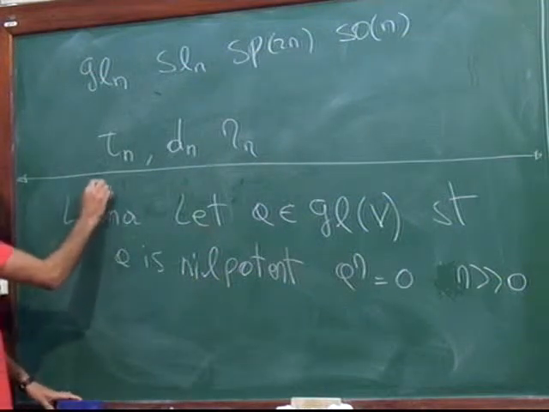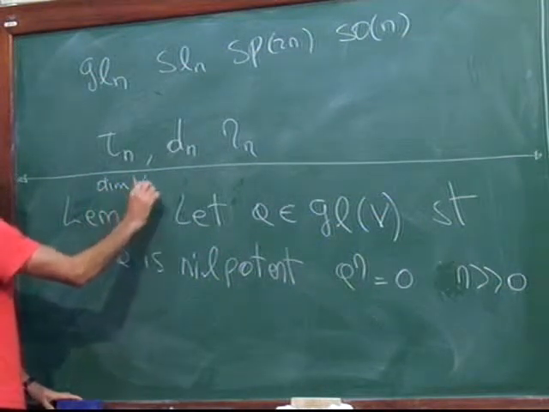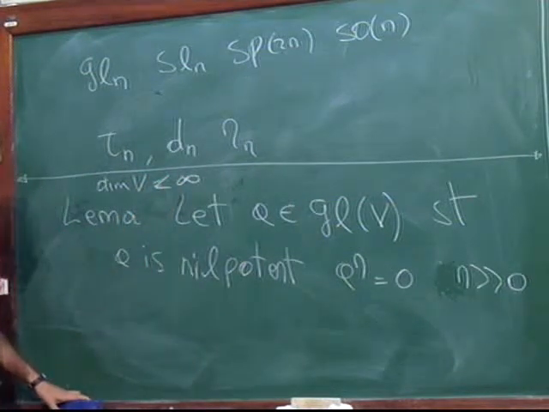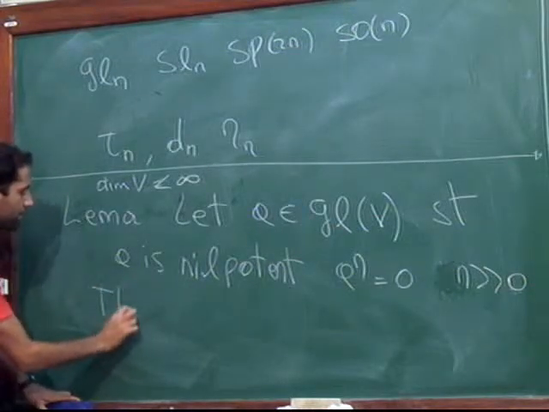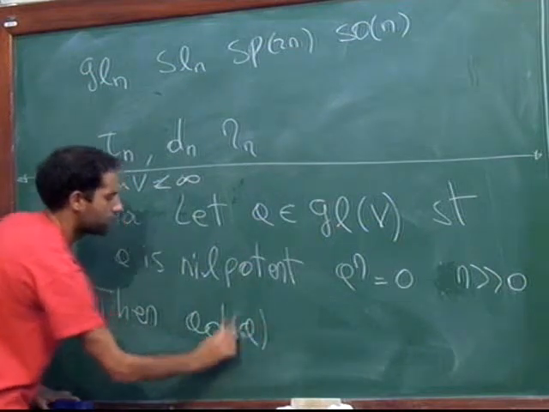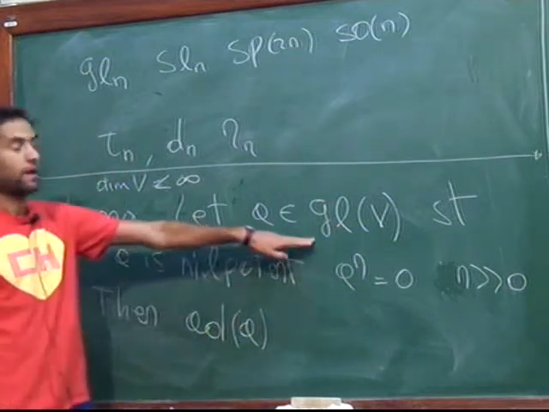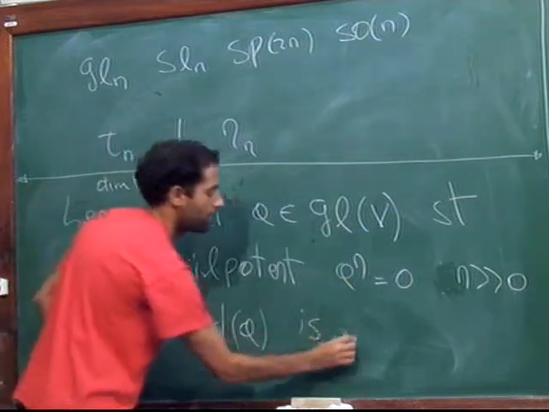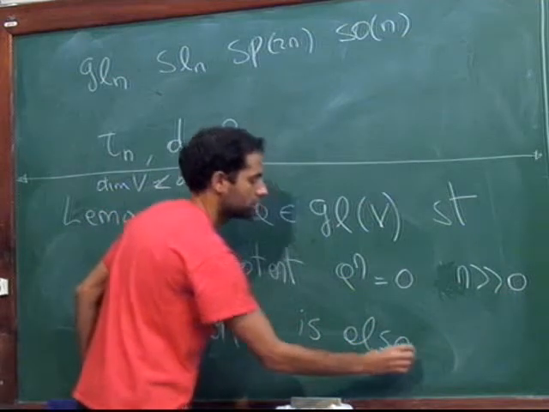Let's suppose this V is finite dimensional. Then ad A, remember, this is again an element of GL, is also nilpotent.